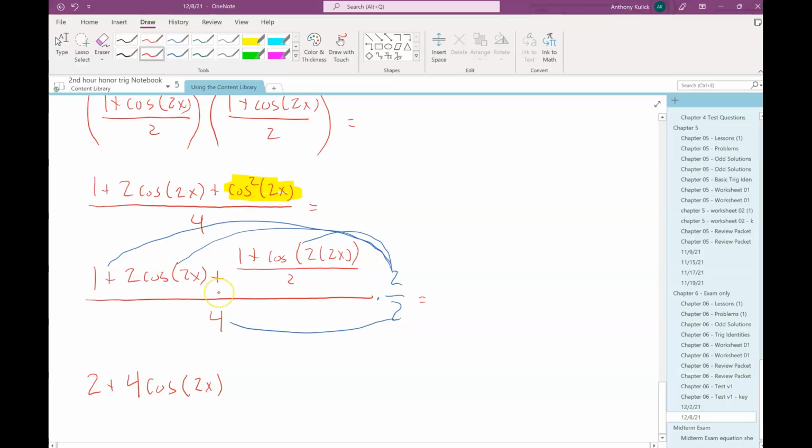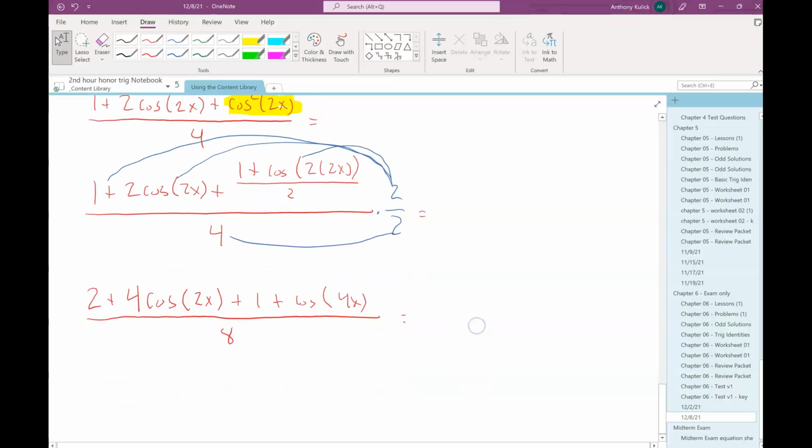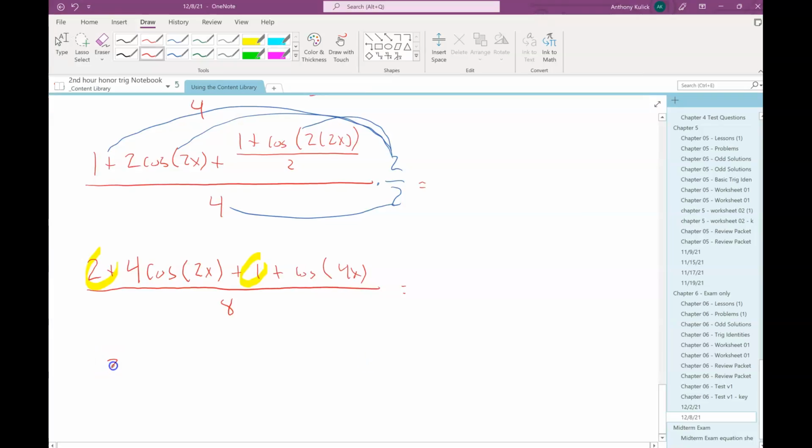And then in the fraction, the 2's cancel. And notice 2 times 2x is 4x. Then the last thing I have to do is add those together, and we're done.